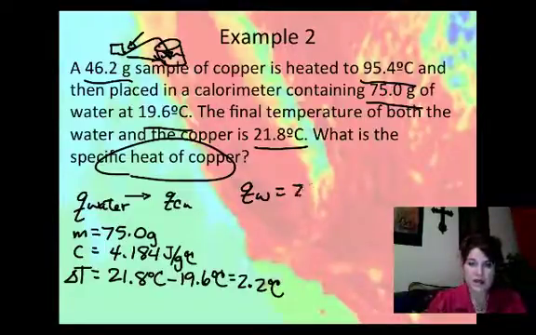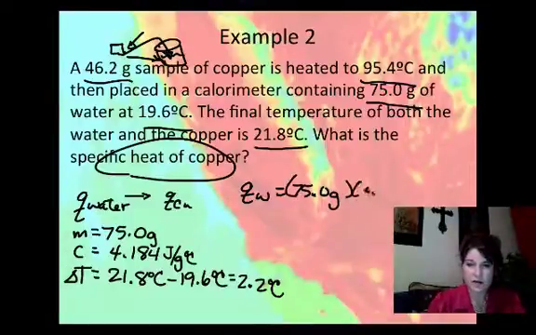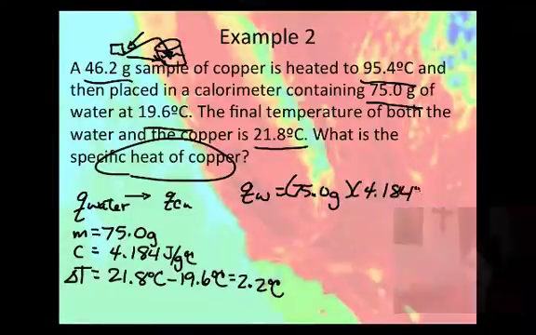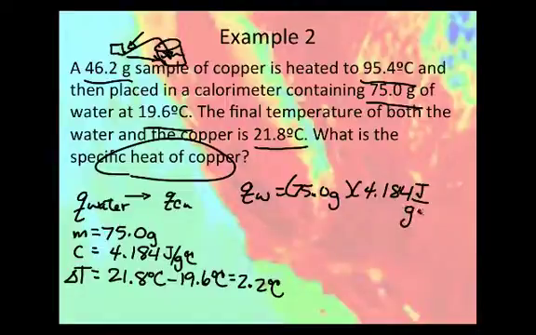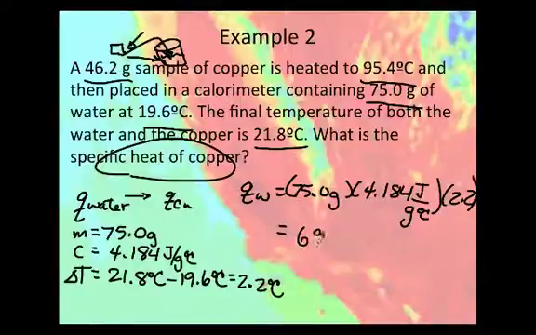So we take our mass times the specific heat, and multiply that by our temperature change, and we'll get Q for the water. I end up with a heat of 690.36 joules. Now I have not yet answered the question.